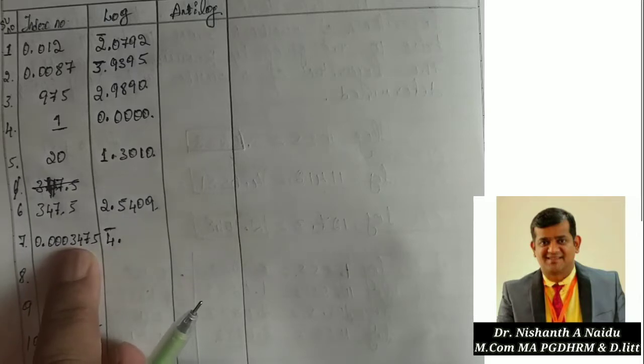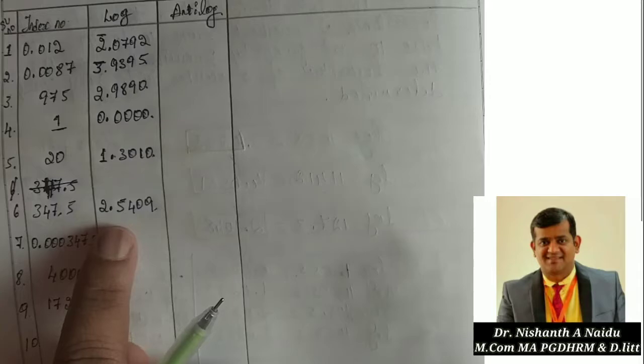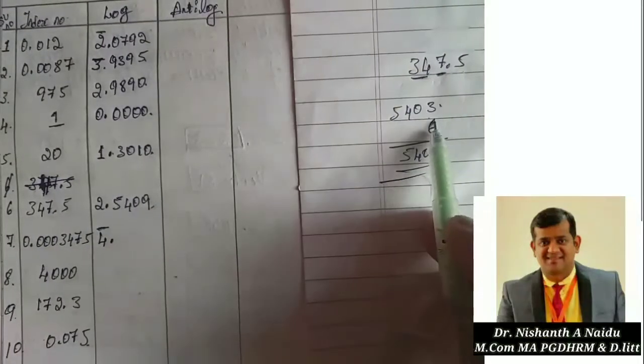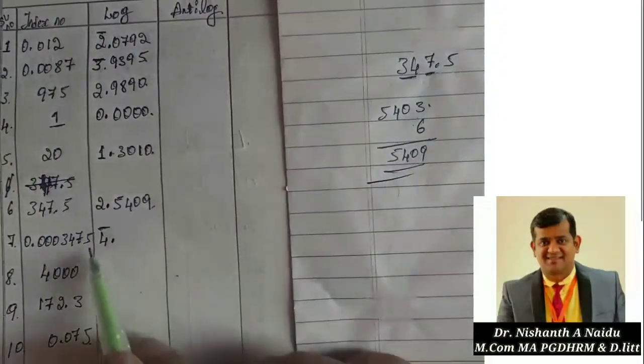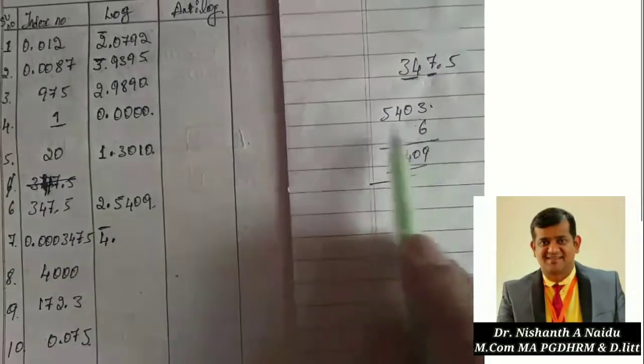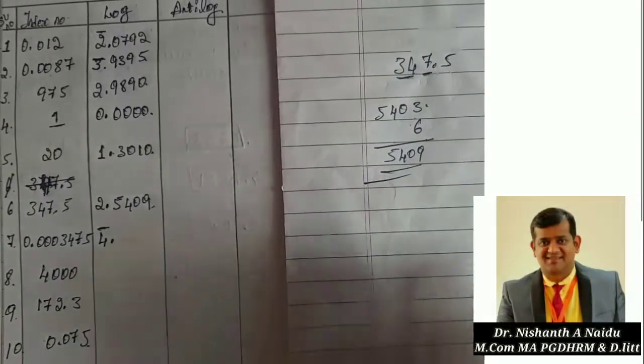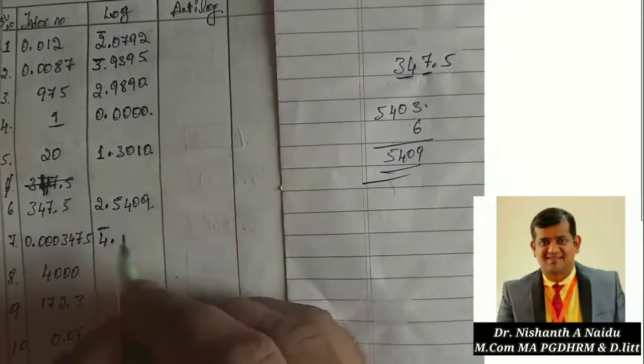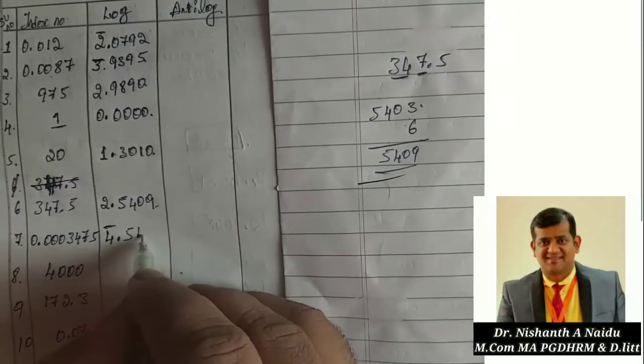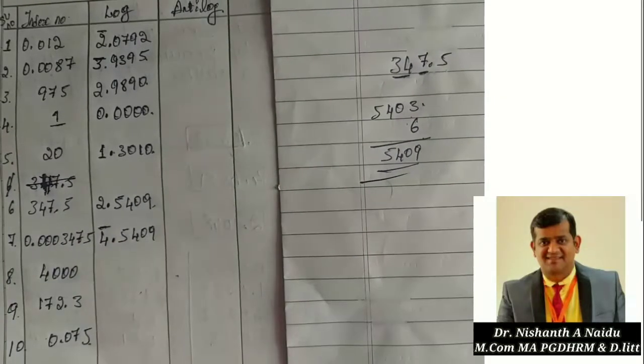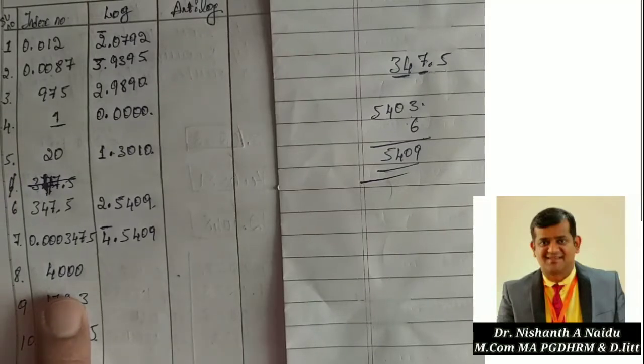So we go to the 34th row in the log table, 7th column, that becomes 5403. Then if you look at 5 in the mean difference, you will get 6. If you add, 5409 is the constant answer. So I am writing directly 5409.